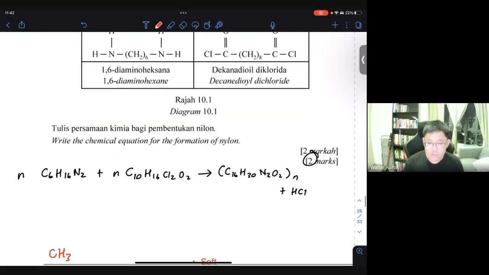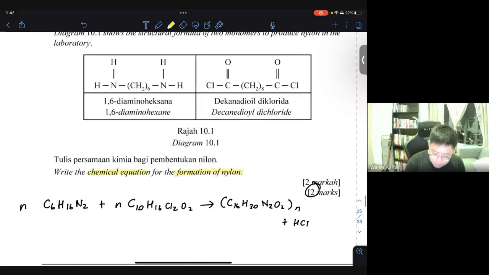Now, you don't have to draw the structures, but they ask you to write a chemical equation for the formation of nylon. So what you can do is condense this into a molecular formula, and this one also as a molecular formula. Then you just combine them together. But remember, this is a condensation reaction, which means to form new chemical bonds to join these 2 monomers together in a long chain, there must be a removal of atoms.